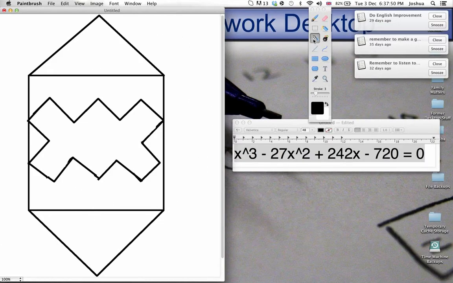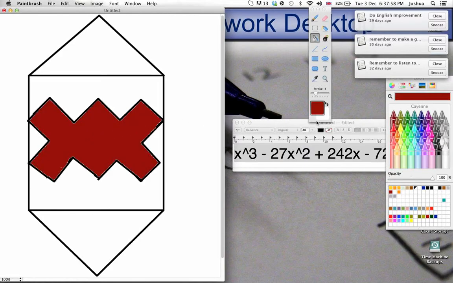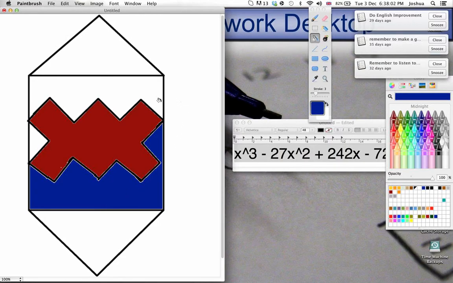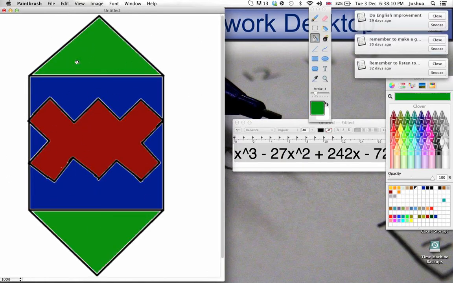I'm going to signify this shape a bit by changing the colors as well. So let there be a dark red in the middle, a dark blue around the sides here, and a dark green at the top. So this can be Jack Marsh's symbol.